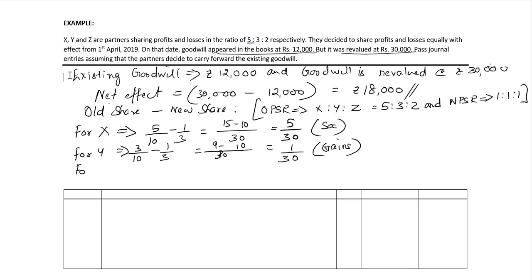And for Z, 2 by 10 minus 1/3, negative 4 divided by 30, and Z also gains.